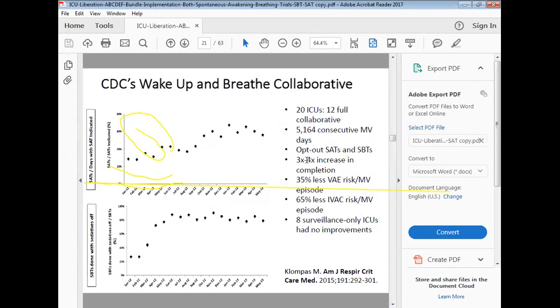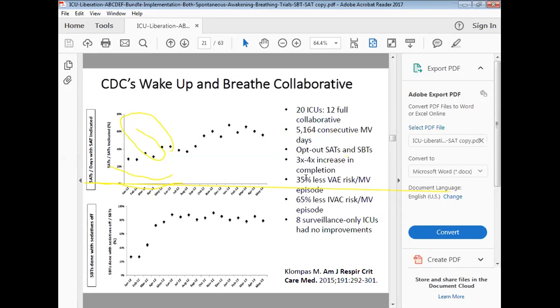And what they've done is what we are trying to do, implement spontaneous awakening trial and spontaneous breathing trial. And as a result of people's good work in all these units, there was a 3 to 4-fold increase in implementing spontaneous awakening trial and breathing trial. How did that affect patients?